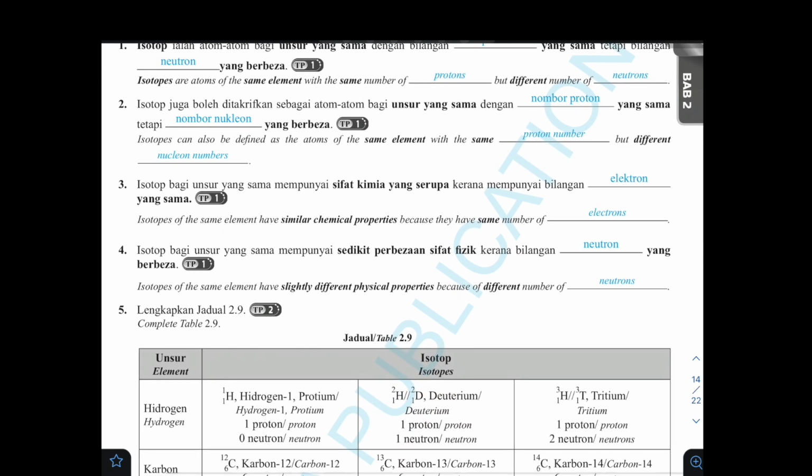Isotopes of the same element have similar chemical properties because they have the same number of electrons. Right? Isotopes of the same element have similar chemical properties. Why? Because they have the same number of electrons. Isotopes of the same element have slightly different physical properties because of different number of neutrons.